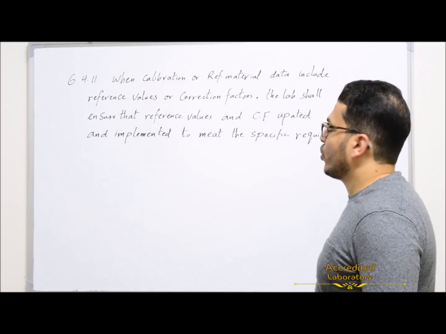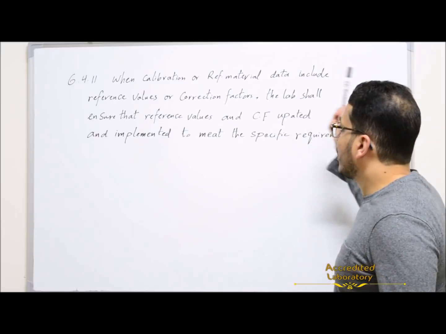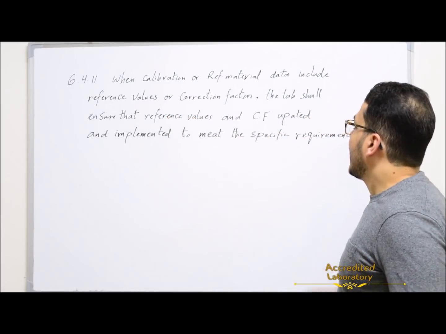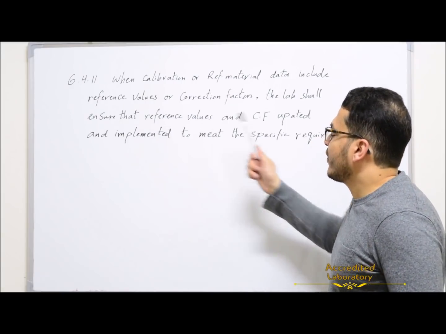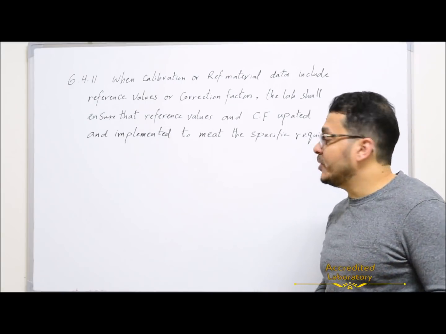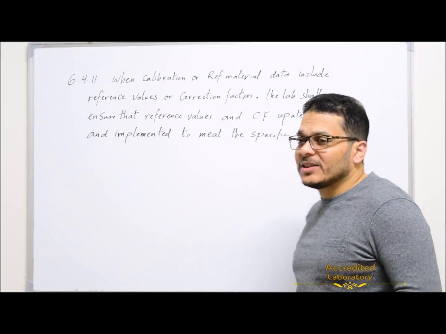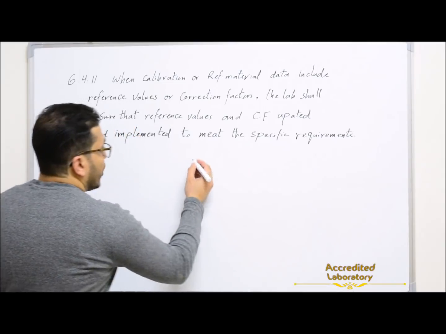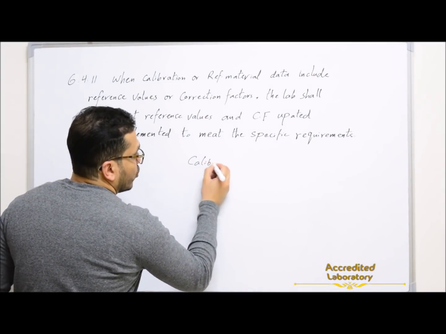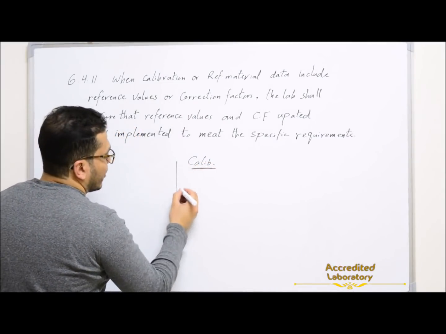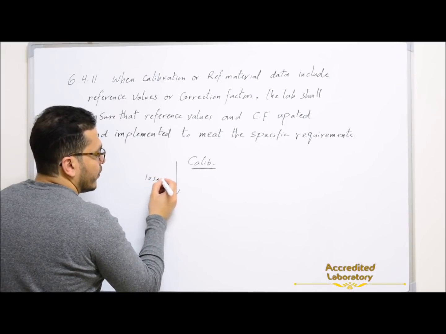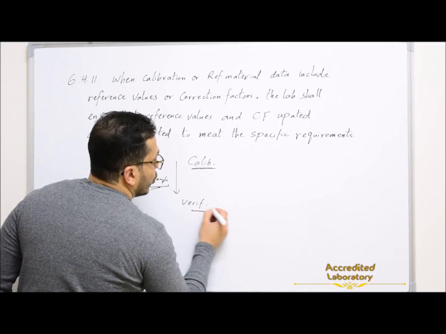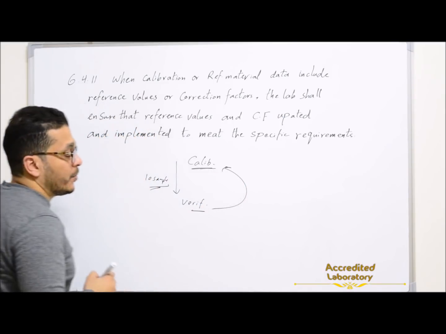Another point related to the previous point: when calibration or reference material data include reference values or correction factors, the lab shall ensure that the reference values and the correction factors are updated and implemented to meet the specific requirements. As we said in the previous point, if you run a calibration standard for your instrument, and after 10 samples as an example, you add a verification standard to verify this calibration.